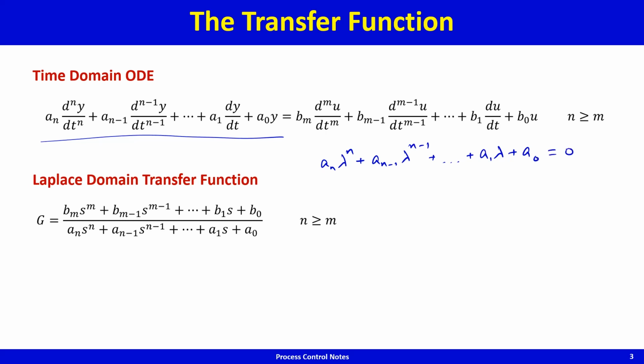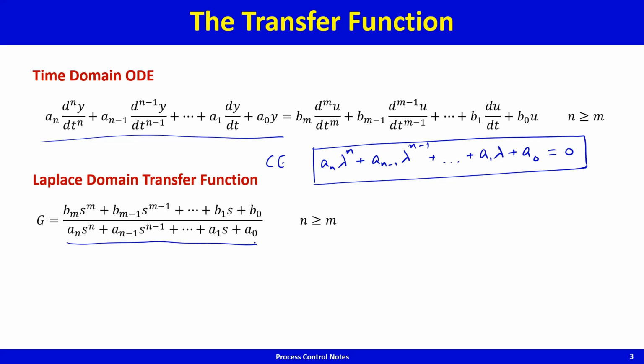This is the characteristic equation in the time domain. Notice the polynomial over here. This polynomial is exactly the same as the characteristic equation polynomial, except that lambda has been replaced by s.